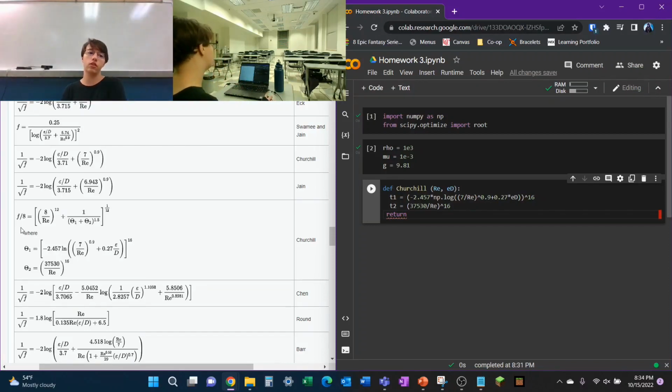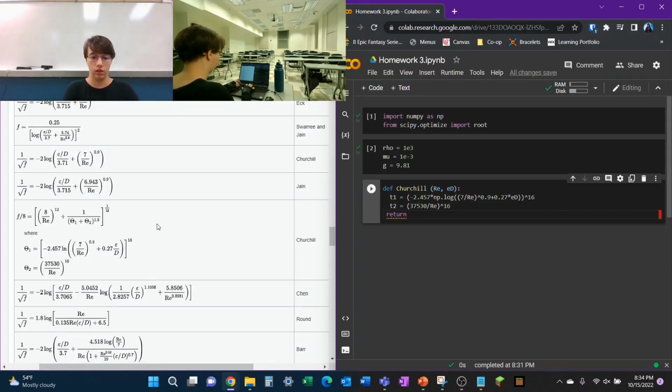The important thing to know about this version of the equation is this is the Darcy friction factor. So we're going to need to multiply the friction factor by 4, because we're using the Fanning friction factor. When we do that, it will become f over 2 instead of f over 8. And then we're also going to multiply that denominator over to the other side so that we have that by itself, because that's what we're looking for.